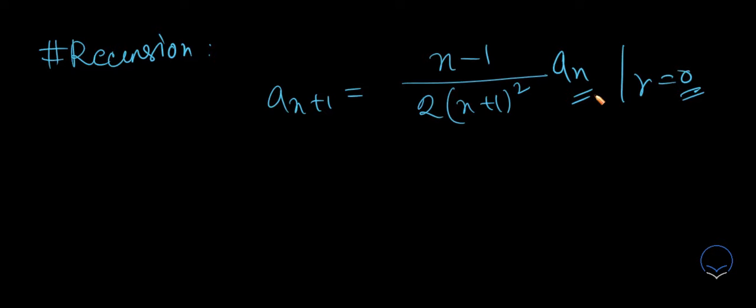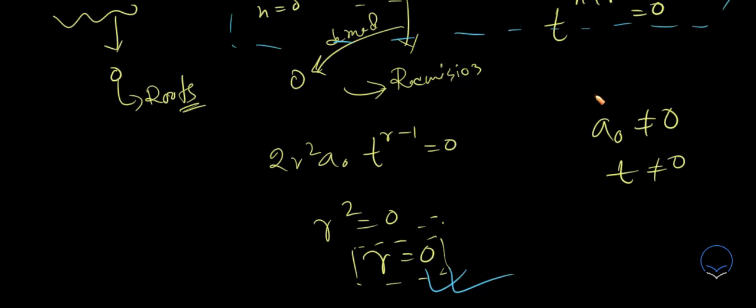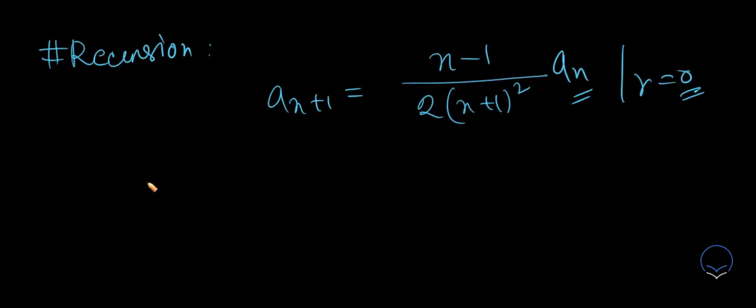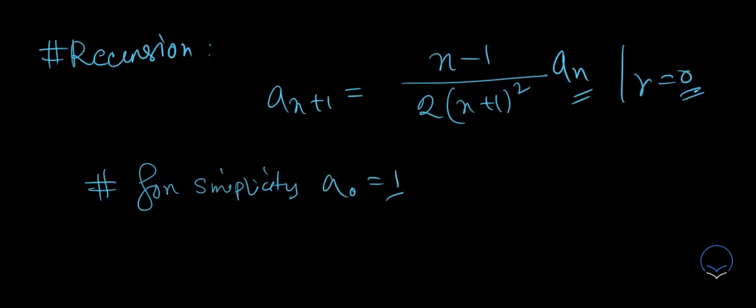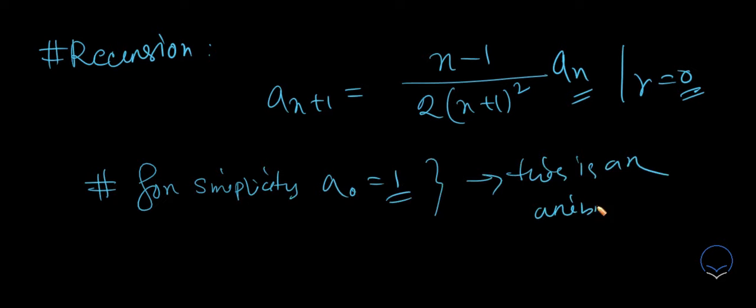So since these a's are arbitrary constants, for simplicity we take a0 to be 1, and obviously this is an arbitrary choice.